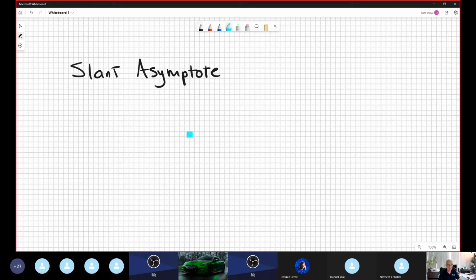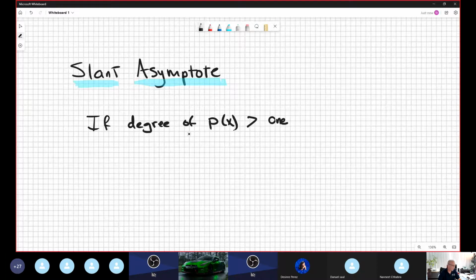The slant asymptote we have in the scenario where the degree of P, the polynomial in the top, the numerator, is greater than the degree of Q by exactly 1.